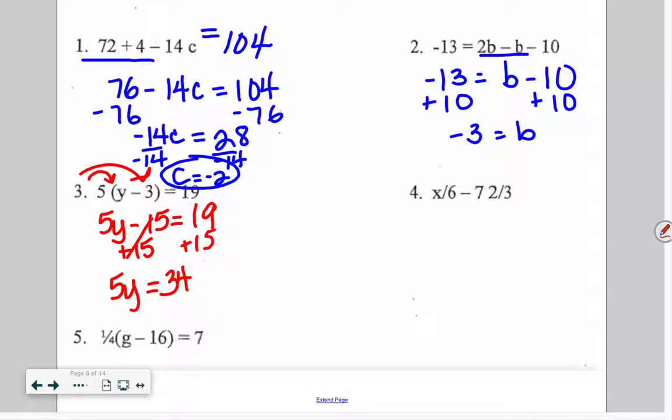Now what? Divide by 5. Y is going to equal 5 goes into 34 how many times? 6 times 5 is 30. So 34 minus 30 is how much? 4 over. So 6 and 4/5.